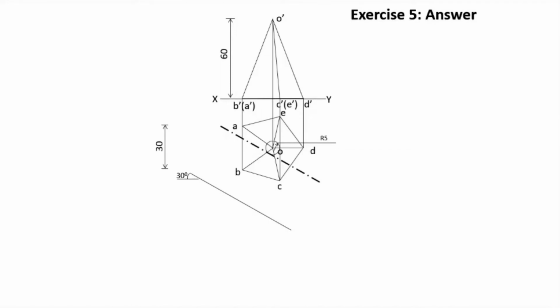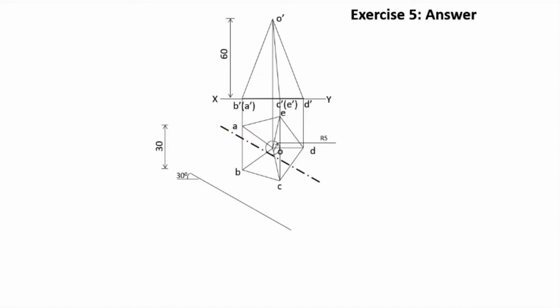So this line will be at a distance of 5 millimeter from the axis, as well as inclined at an angle of 30 degree with the VP. So that is the condition.